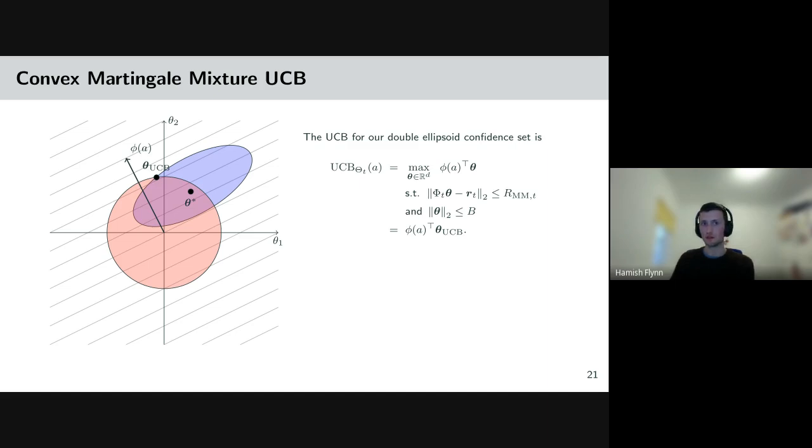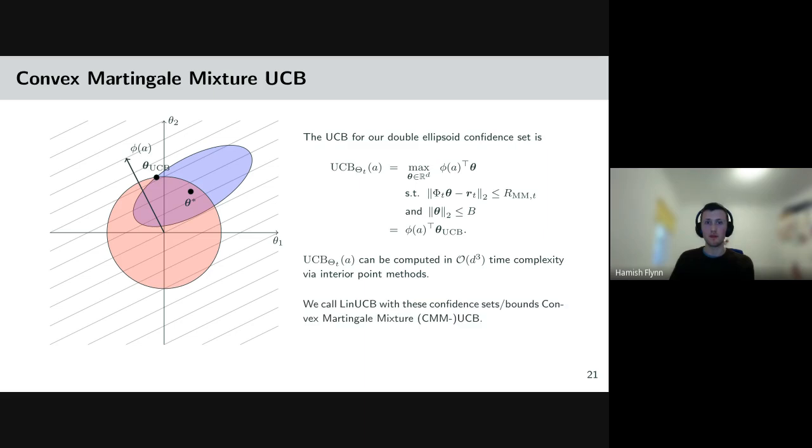The argmax is shown as theta UCB on the left. There isn't a closed form solution, but for any action, the solution can be computed in cubic time using interior point methods, so it's still fairly cheap. When we run LinUCB with these confidence sets, we call the method convex martingale mixture UCB, or CMM UCB for short.